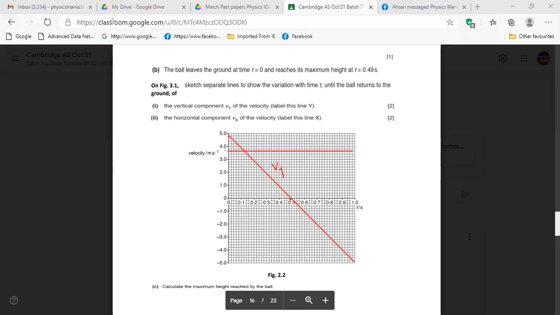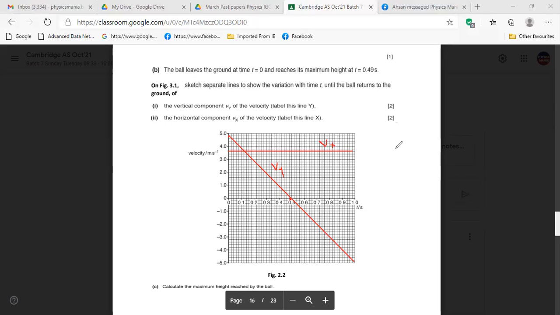This one you will label as Vx, right? So you label it as Vx. Was it a very difficult question?